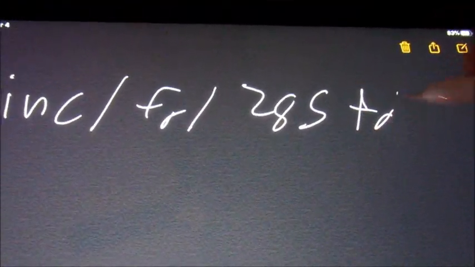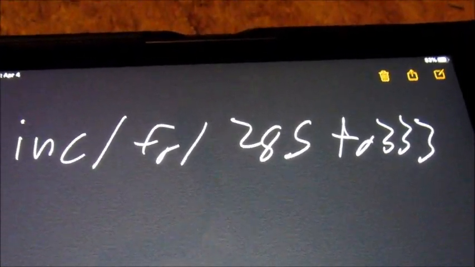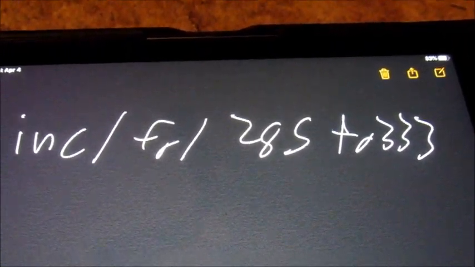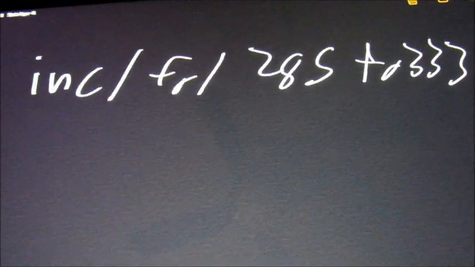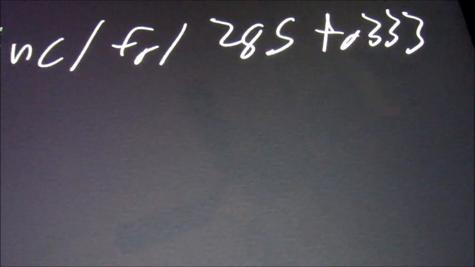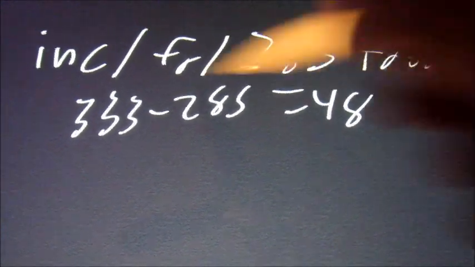So, as an example, something might increase from 285 to 333, and we want to know what the percent increase is. Some of them will also ask what the amount of increase is. So the first thing you do is find the amount, which is 333 minus 285, which is going to equal 48.